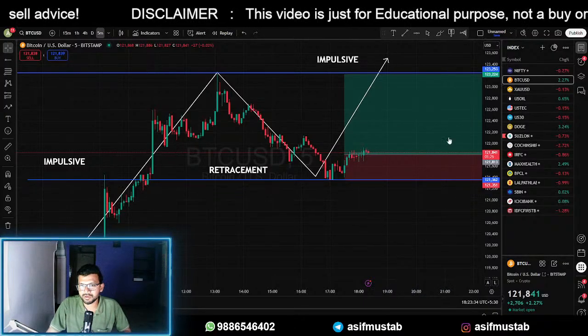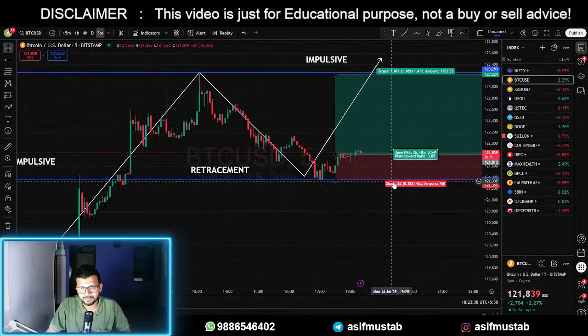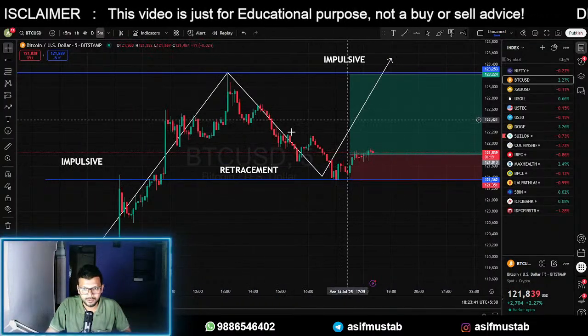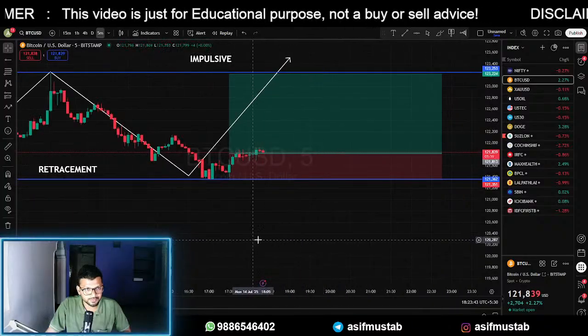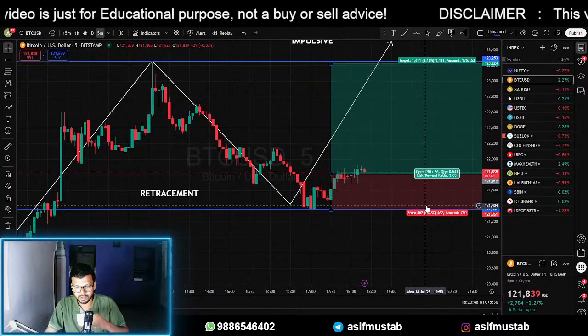In BTC, we should get a good move on upside because if you see, this trend line is also broken and gold is also falling. But I don't know why BTC is not moving. Stuck at 1218239.